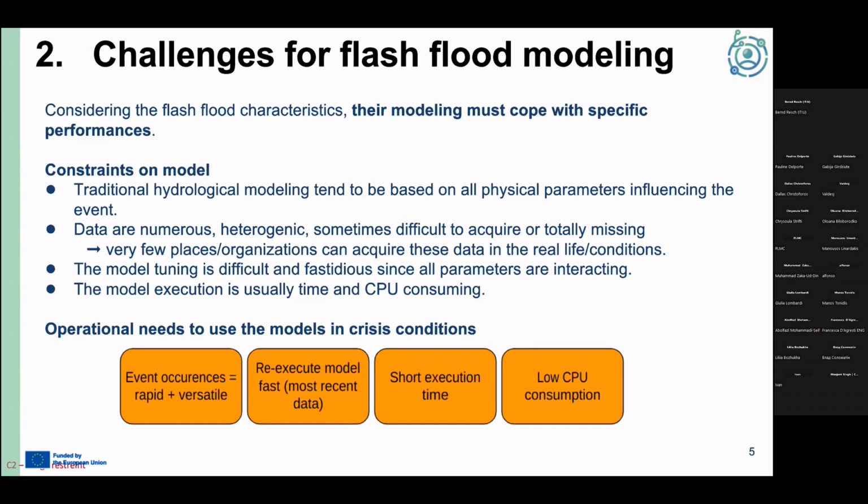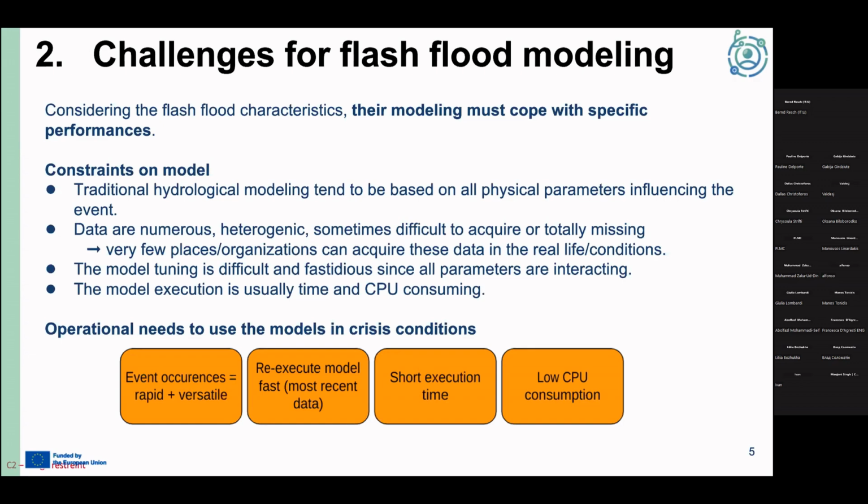So it's very hard to have all this data for one place. And also the model is very difficult to tune. By that we want to say that we have a lot of parameters and all are interacting. So to find the right configuration, it can take a lot of time to test this model.